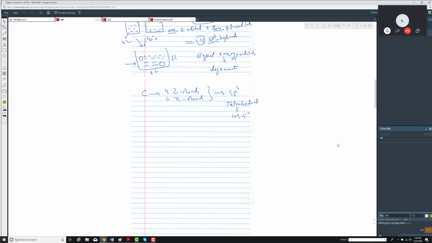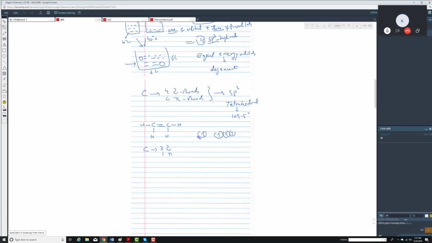Now the next is, let me take this one. C double bond C, H, H. You already told me, in this case, carbon is making 3 sigma bonds and 1 pi bond, am I right? Total is always 4. Now the hybridization: I am writing the excited state, s and p3, single, single, single.